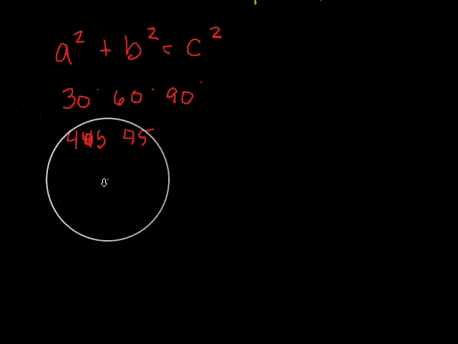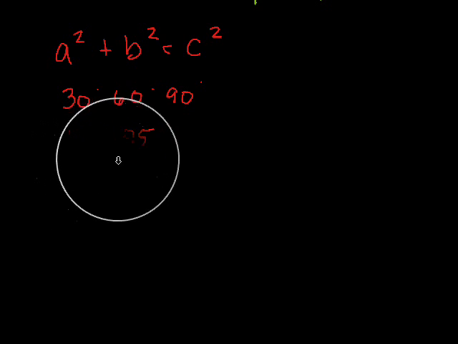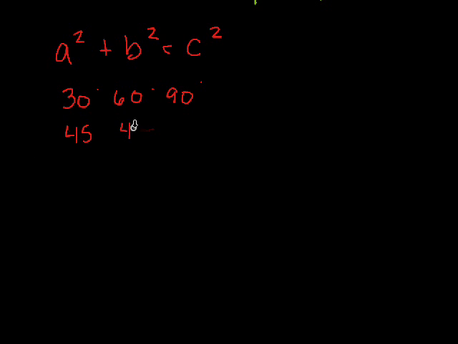Let's erase all that. And what the lengths are that correlate to these. So I'm going to just write it out, then I'll explain it. The 30, 60, 90 lines up to be a 1, square root of 3, 2. The 45, 45, 90 correlates to be a 1, 1, square root of 2.